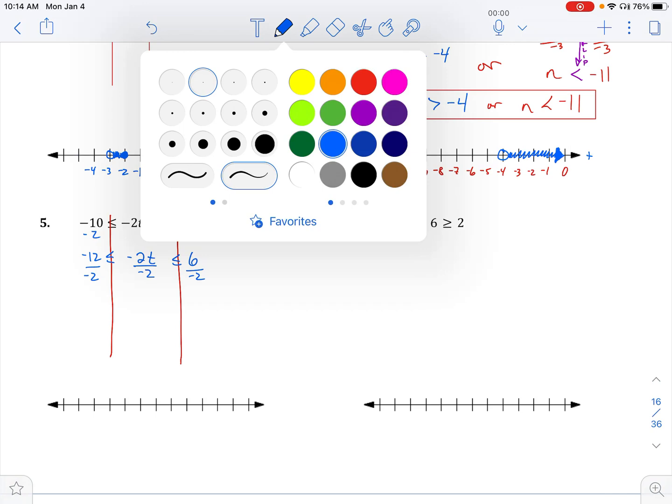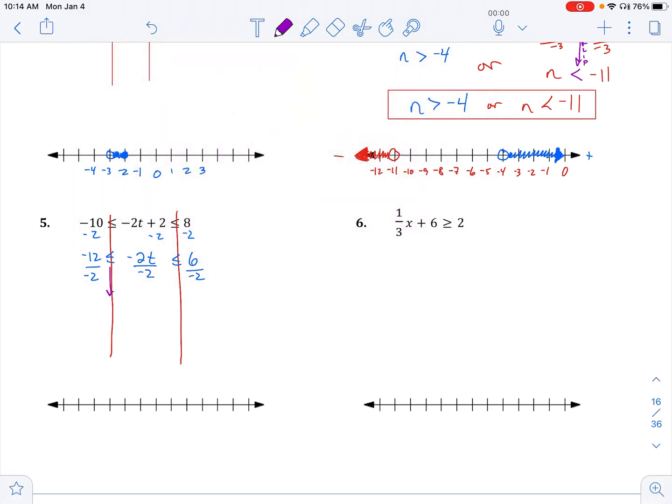And again, I'm going to make a big note of this here, that if we divide by a negative, we need to flip not only that inequality, we also need to flip this other inequality. So if this was a less than or equal to, this will now become a greater than or equal to. And likewise, this here is also greater than or equal to.